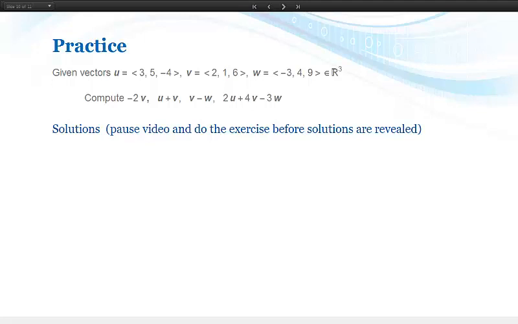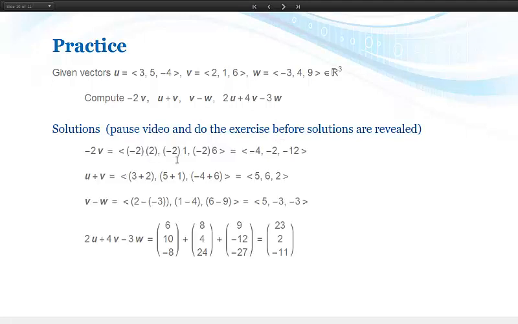Okay, hopefully you worked those exercises. Let's see how you did. -2 times the vector v has elements -2 times 2, -2 times 1, and -2 times 6. -2 times 2 is -4, -2 times 1 is -2, and -2 times 6 is -12. So this is the resulting vector for -2v.